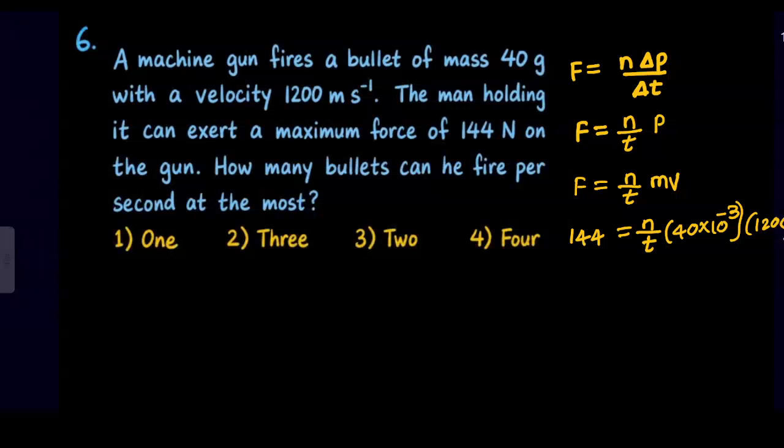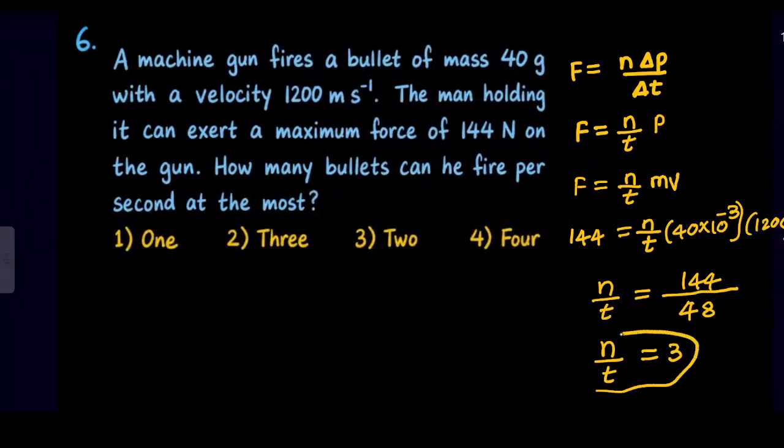We need to find the n by t value. 3 zeros will get cancelled. So n by t will come to be 144 by 48, number of bullets per second, which will be 3.